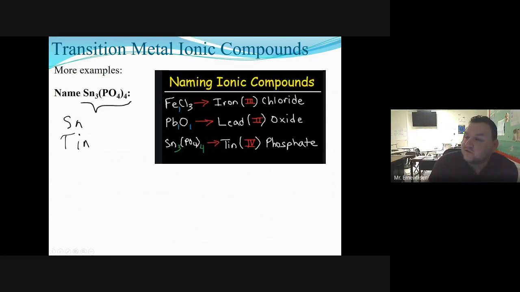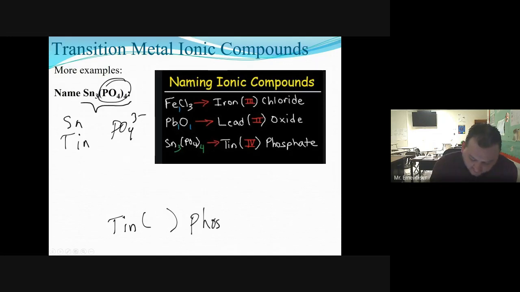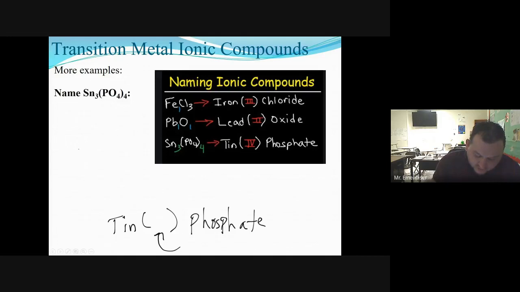We want to name this. So we know it's going to be tin, and then we're going to put something in parentheses, and then this PO4 is a phosphate. So I know we're going to put phosphate. Okay, but the question is, what do we need to put in the parentheses? What goes right there? Well, if we look at our formula here, let's look at what we got.